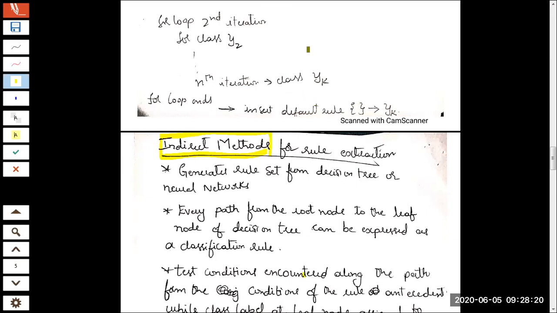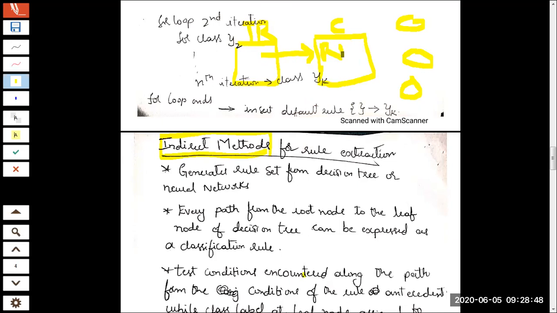In the direct method, what is happening? You have the classifier here, I'll call it C. You have the training records, I'll call it TR, the training records or previous observations. These are the classes. Now, what was happening in the direct method? Your classifier C was directly learning the rules from the training records.